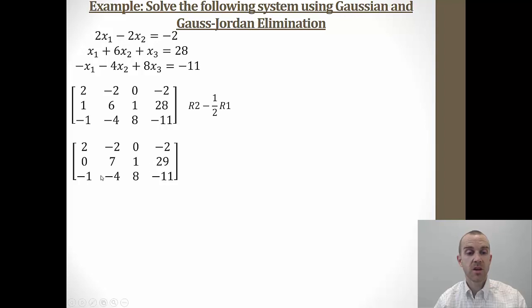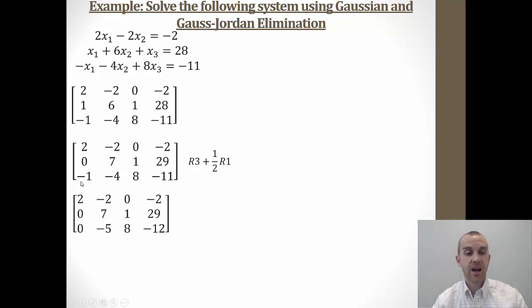Now we want to remove this bottom term, negative 1. So we're going to take row 3 and add half of row 1, since that's already negative. And if I do that, I'm down to having a 0, negative 5, 8, negative 12. So we've now turned it so that our first column has just one leading coefficient. It's not simplified, but it is there.